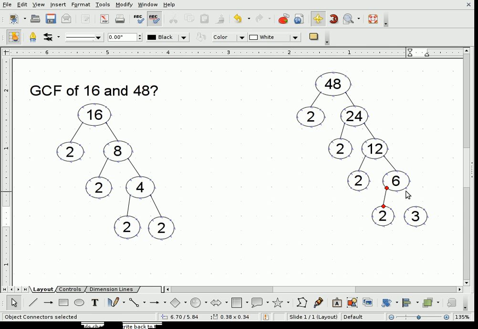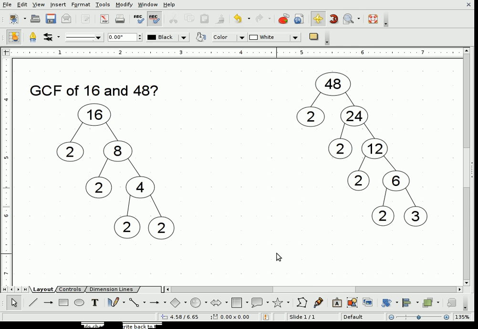Okay, 6 is 2 times 3. And we are now done with 48 as well. We have broken 48 down to its prime components. 48 equals 2 times 2 times 2 times 2 times 3.